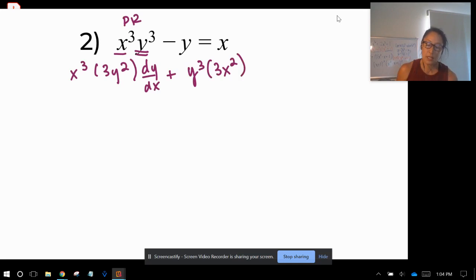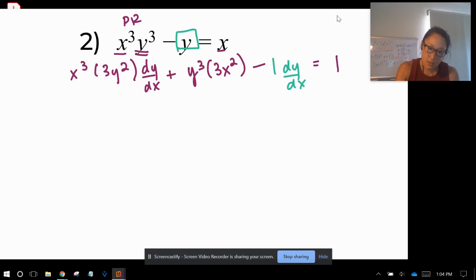We do not need a dx over dx because that's just 1. Okay, then we're going to subtract out the minus y, so the derivative of y is 1 dy/dx, and that equals 1. Do I need a dy/dx? No, because the x is going to turn out to be dx over dx.